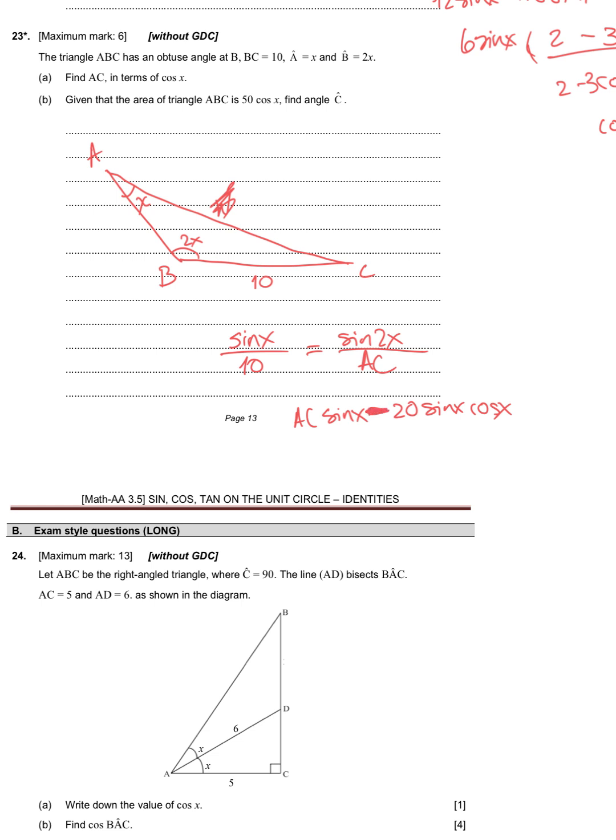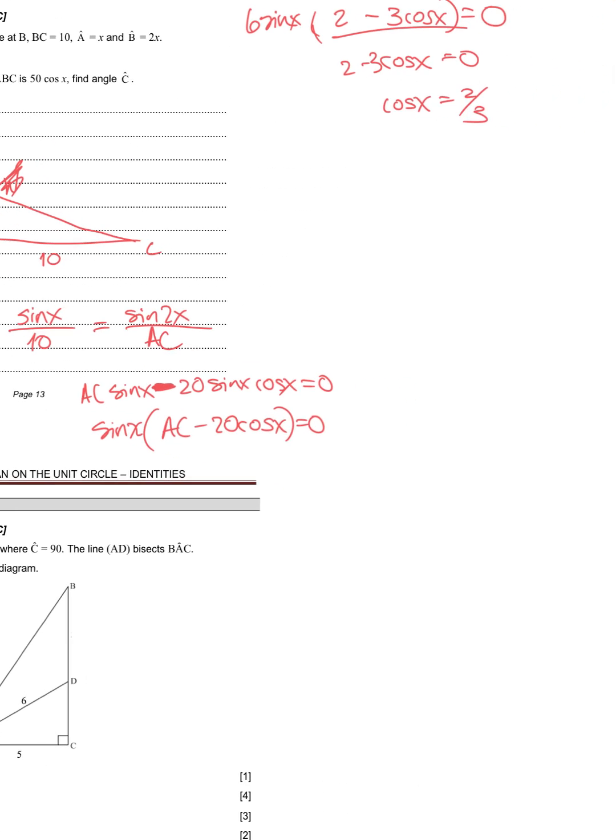So just, we'll do that. And then factor out a sine x. So we have AC minus 20 cosine x is 0, and we want AC in terms of cosine. So it's 20 cosine x.